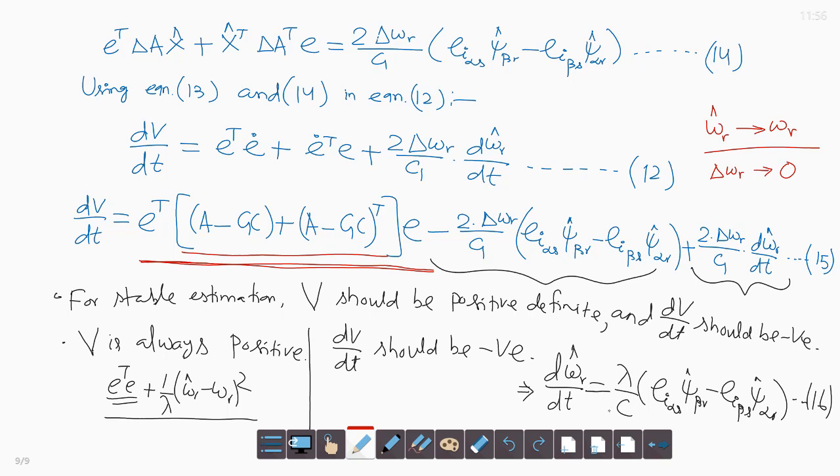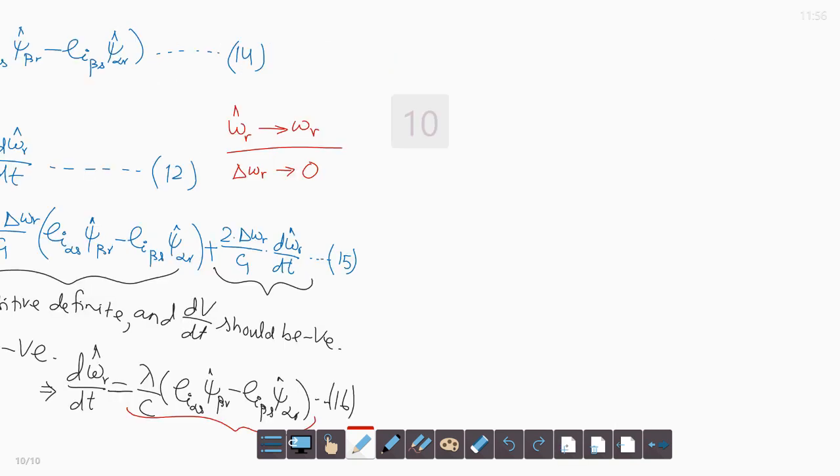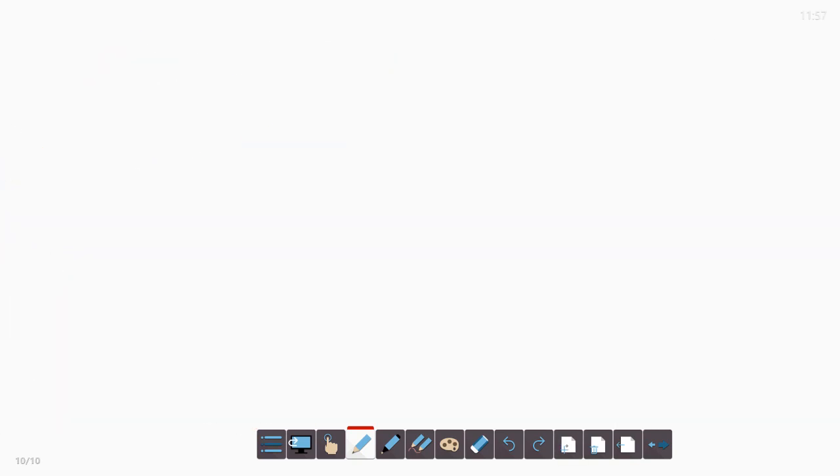If in equation 16, the speed omega r hat is proportional to the right hand term of equation 16, then with time the speed estimation error will decay to 0. So, for that we must have a control algorithm, so that omega r hat equals some proportional control, which improves the response.